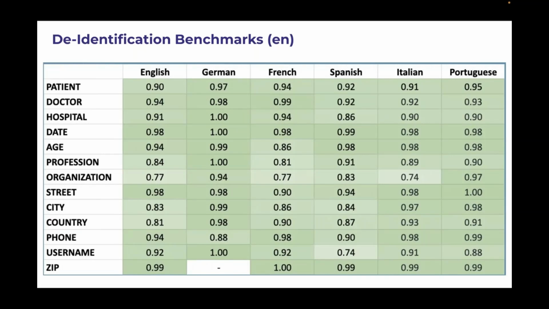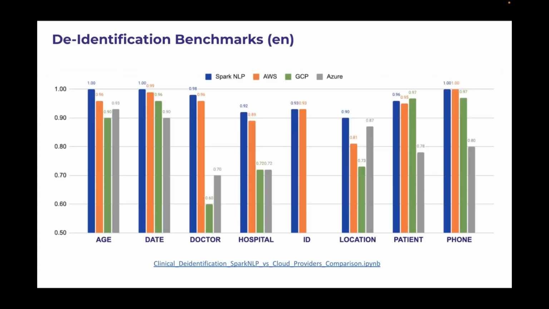We have not only English, we support some other languages for de-identification, like German, French, Spanish, Italian, and Portuguese. You can see the F1 scores of each label that we have for these languages. We also have the pre-trained pipelines and the NER models to achieve those tasks.